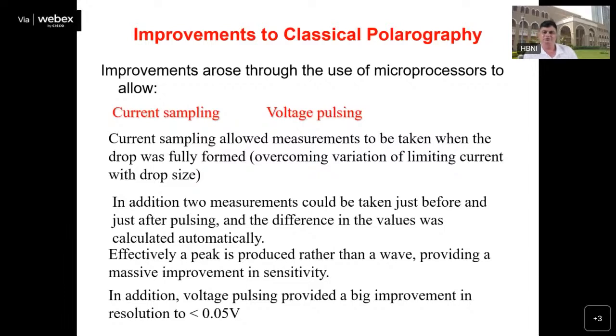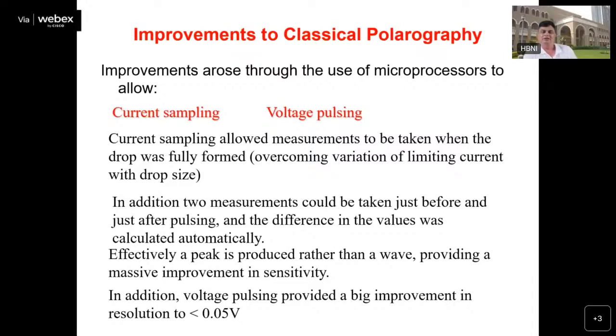In addition, measurements are taken just before and after. Actually, we will show you in the next PowerPoint what this sentence means. Suppose we are giving a 50 millivolt pulse. You can take the measurement of the current before and after, just at the end of the drop.